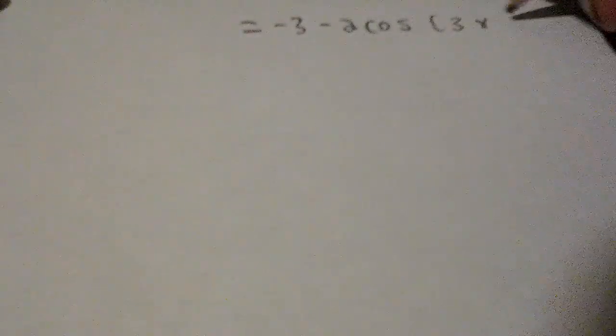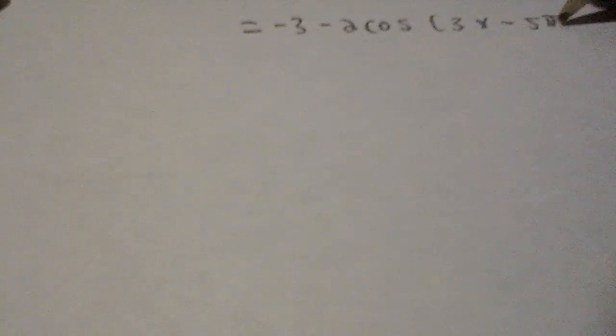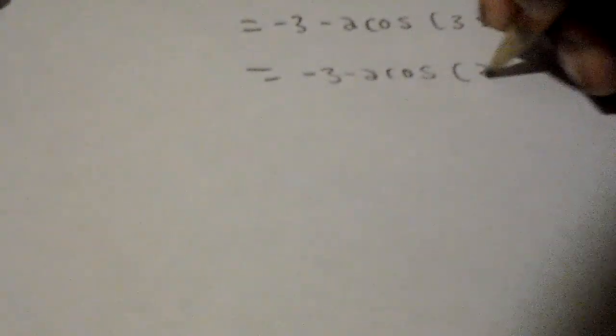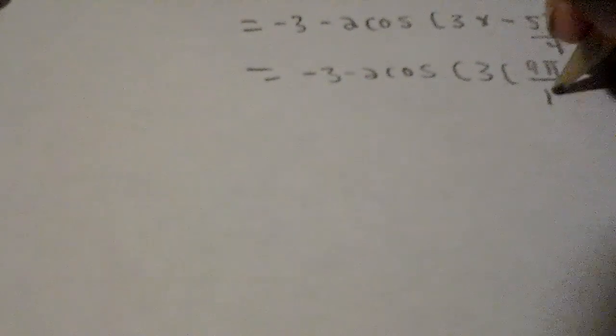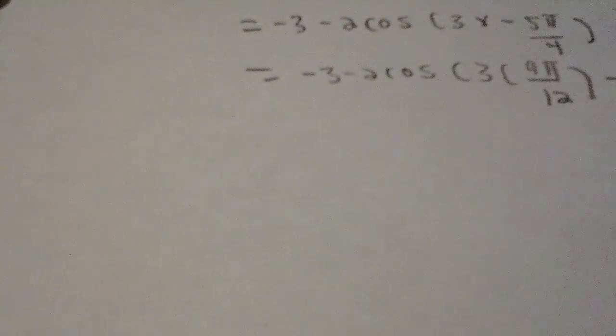Minus 2 cosine (3x minus 5 pi over 4) equals negative 3 minus 2 cosine (3, plugging in my x now, 9 pi over 12 minus 5 pi over 4).